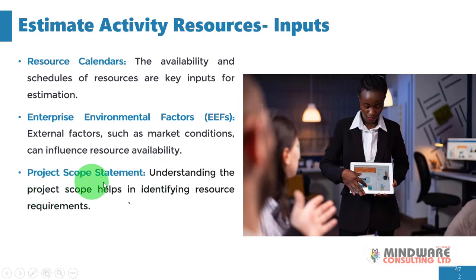The next is the project scope statement. Understanding the project scope helps in identifying resource requirements. So you need to have a broad perspective of your project from the beginning to the end. It will go a long way in helping you identify the resources that you require to cover the whole project.